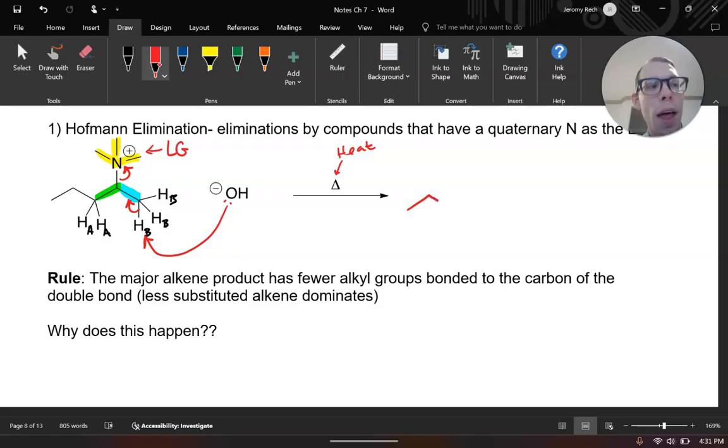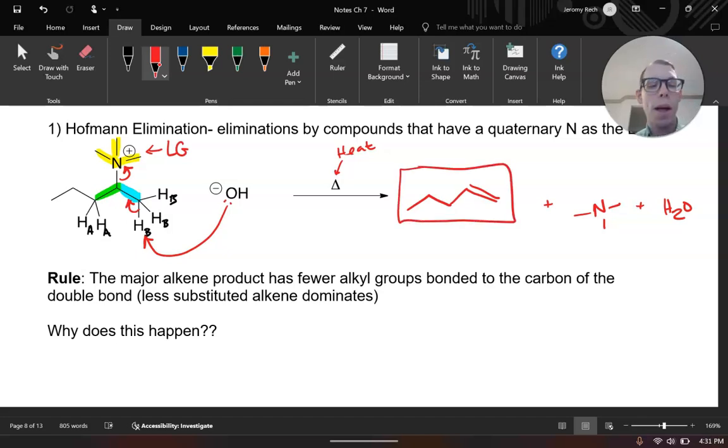That would give you your less substituted product, as well as trimethylamine and water. And this right here is one of your exceptions, and that is based on a few things.